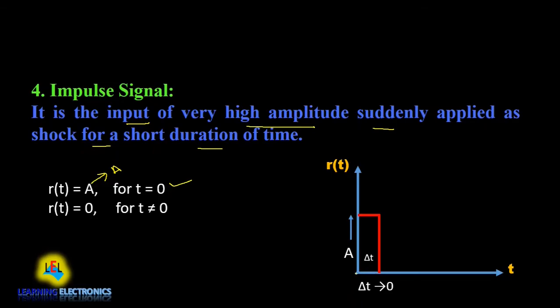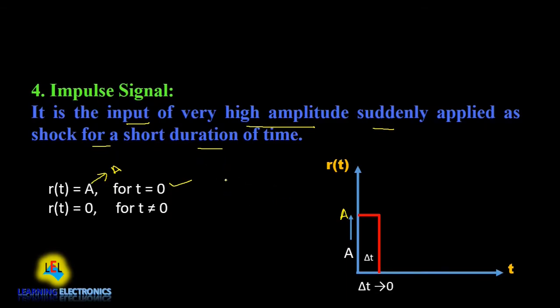Here we have taken the small time in which this impulse signal exists as del t, and del t here tends to 0. Okay. So here the impulse signal has the magnitude of A. So this is A, and the area of the impulse signal will be equal to the magnitude of that impulse signal.